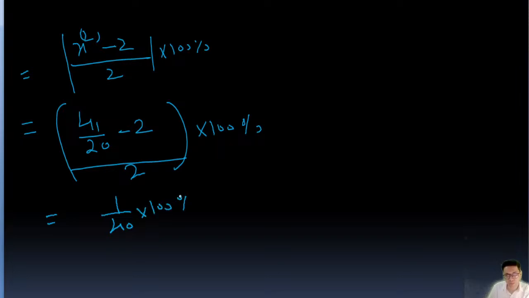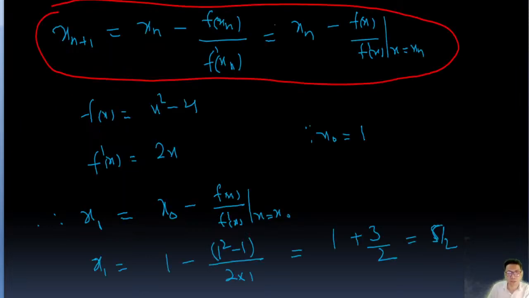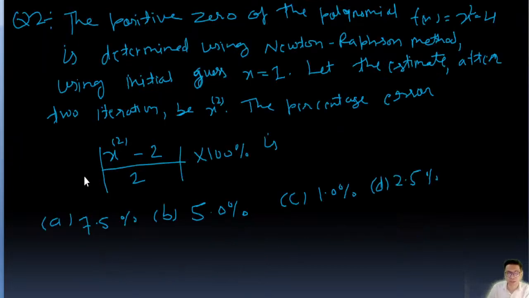So this is going to be 2.5 percent. Okay, so this is the answer, guys. Which option is matching? Let me check. Option D is matching, guys. Option D is matching to this one.